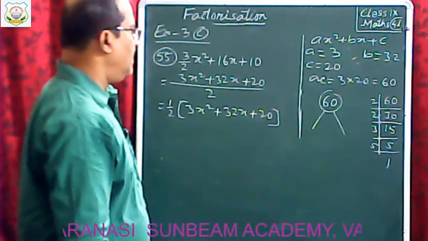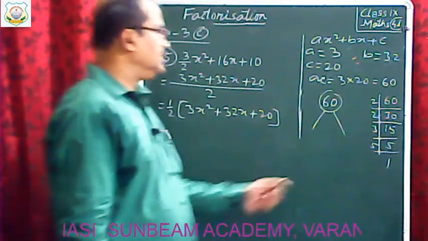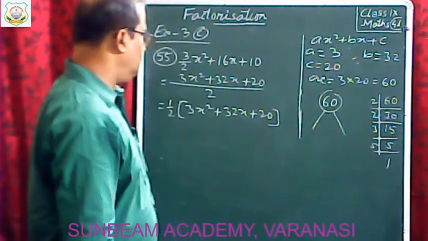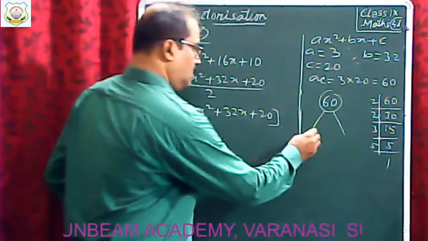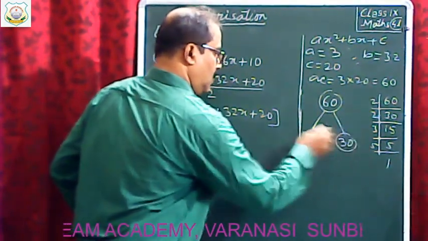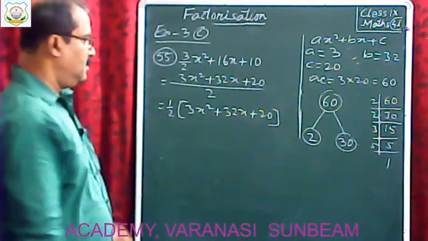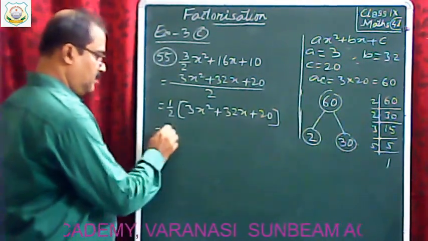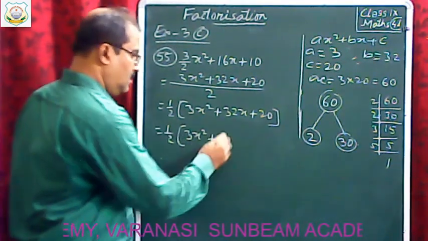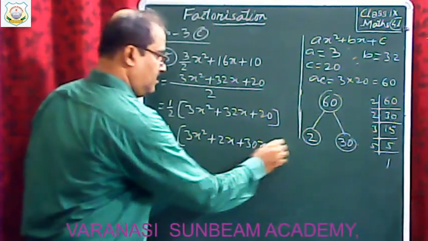Okay, so let's see. 30 plus 2 is 32. 2 and 30, the sum of them is 32, the product is 60 again. So now you have to split the middle term: 3x square plus 2x plus 30x plus 20.